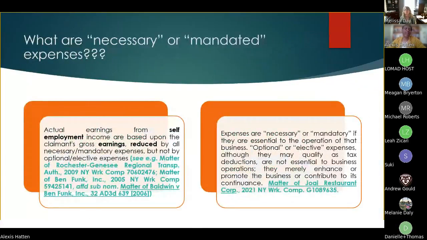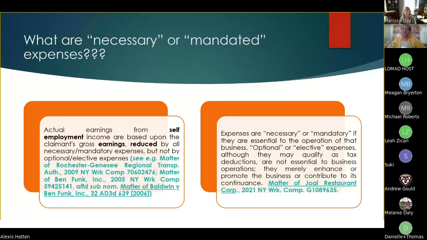So actual earnings from self-employment income, as I stated, is based on the claimant's gross earnings, reduced by all necessary mandatory expenses, but not by optional elective expenses. So expenses are necessary or mandatory if they're essential to the operation of the business. That's really what is important there.